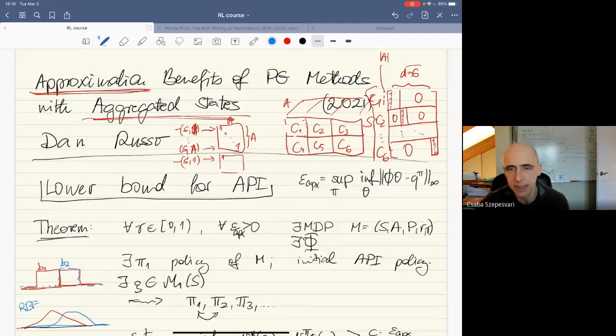If you want to represent some smooth functions, you will have a hard time doing that with piecewise constant functions. If your basis functions are smoother, then you will have an easier job of representing smooth functions. So if you have some prior reason to believe that your value functions are smooth, you're better off with soft state aggregation than with hard state aggregation.